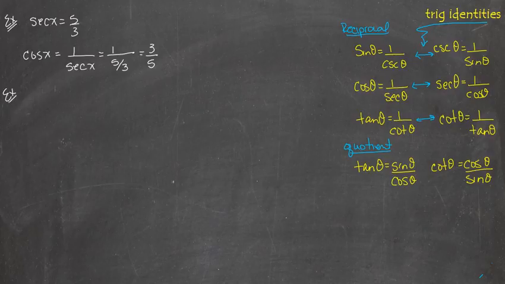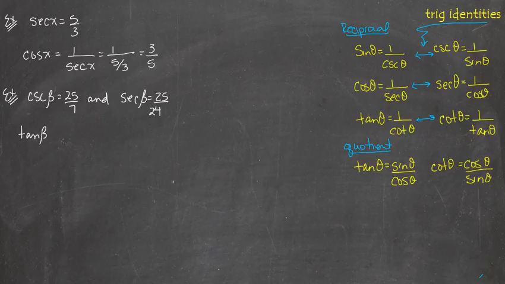Another example, suppose I know that the cosecant of beta is 25/7, and I also know that the secant of beta is 25/24. I'm asked to find tangent of beta.